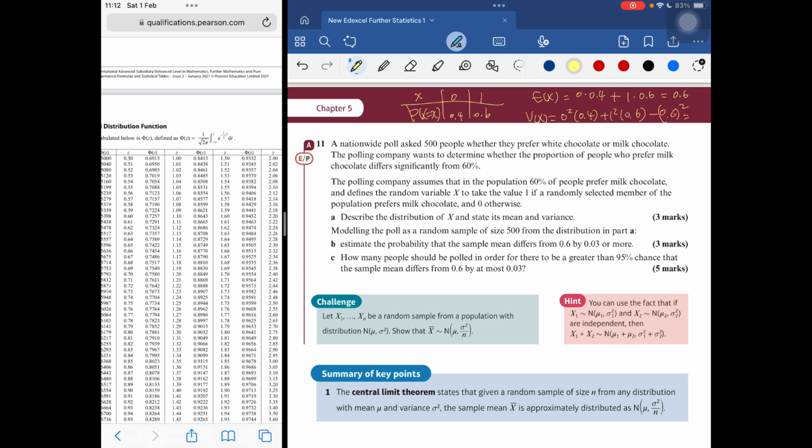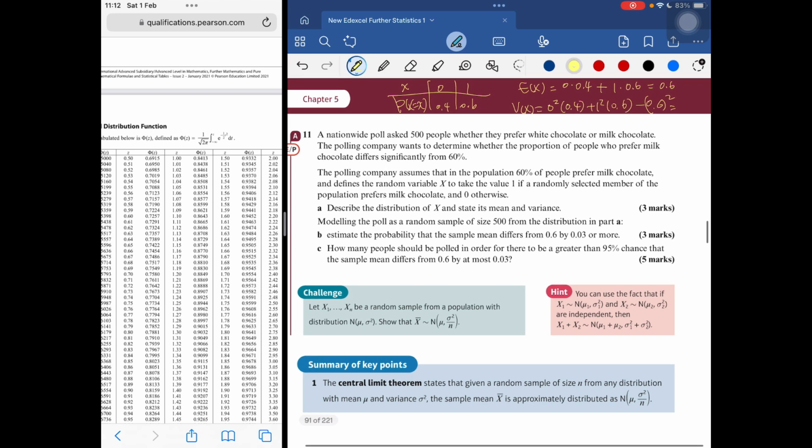So the mean of squares minus the square of the mean. Now when we calculate it, 0.6 minus 0.36 is 0.24. So this is the variance. So we know the standard deviation. Now we have the expectation, mean, and variance.